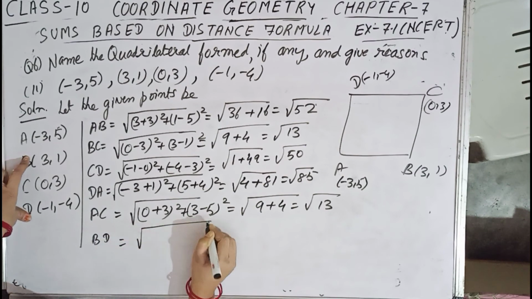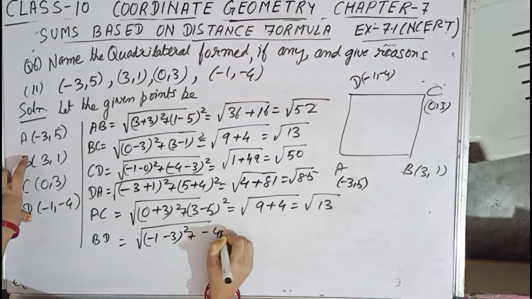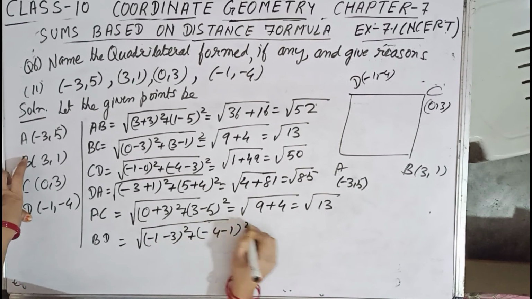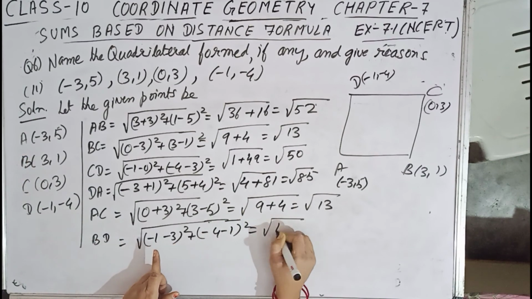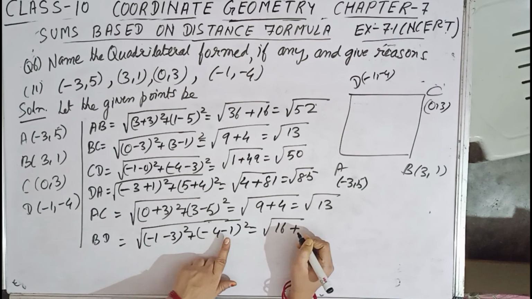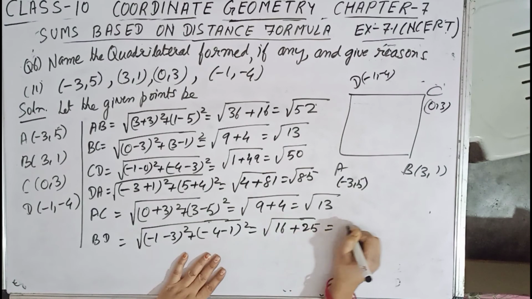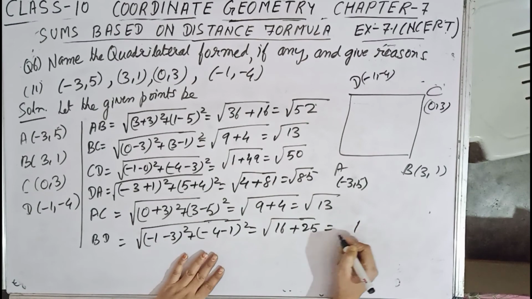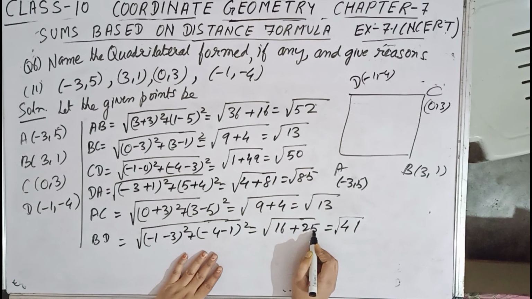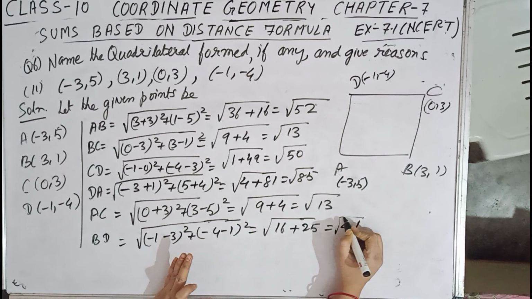BD equals the square root of (minus 1 minus 3) square plus (minus 4 minus 1) square. So this will be minus 1 minus 3 is minus 4, square is 16, and minus 4 minus 1 is minus 5, square is 25. So this will be 41, the square root of 41.